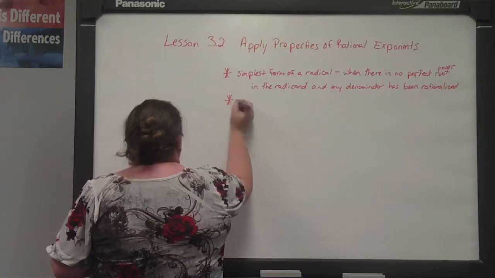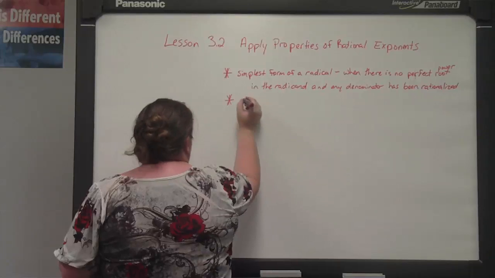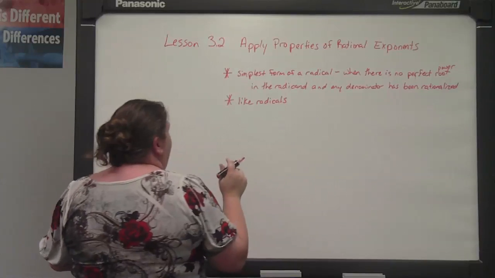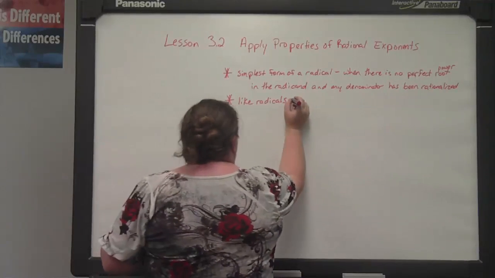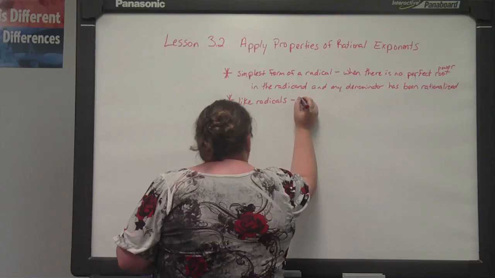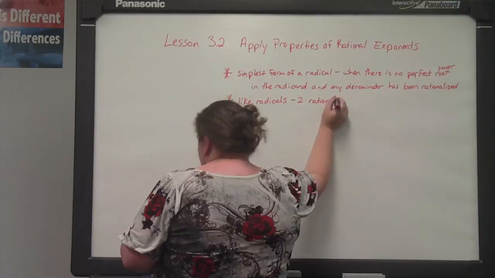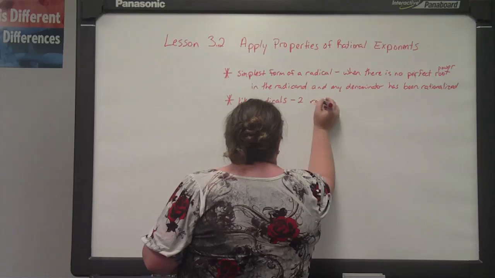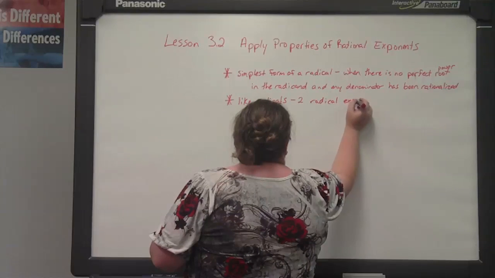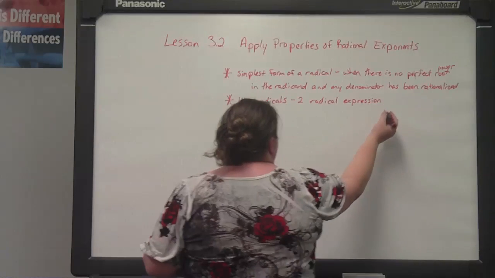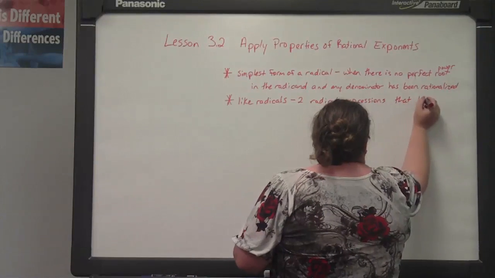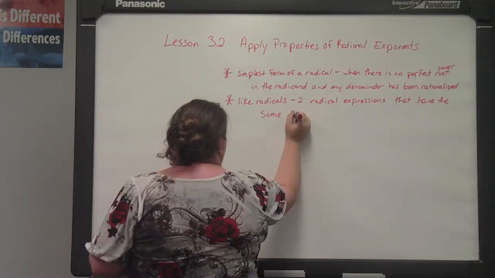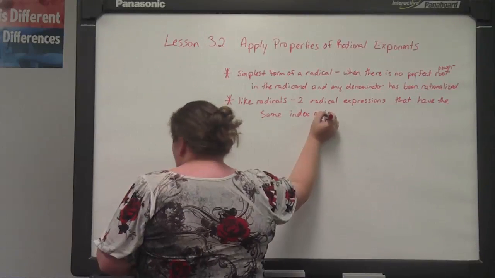The second vocabulary is like radicals. Like radicals is when you have two radical expressions, not rational, radical expressions that have the same index and radicand.